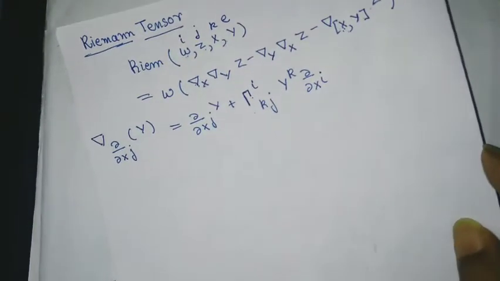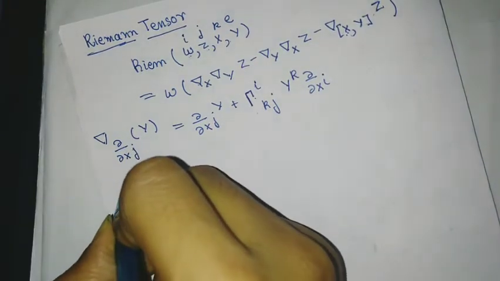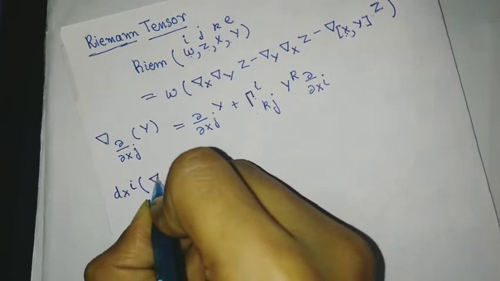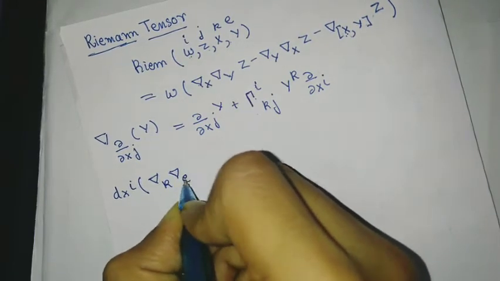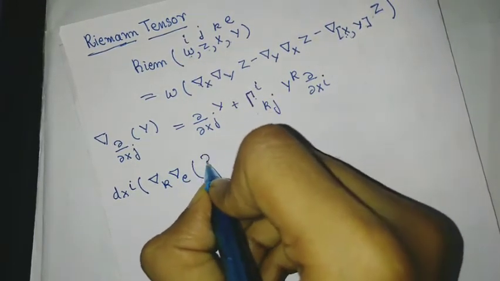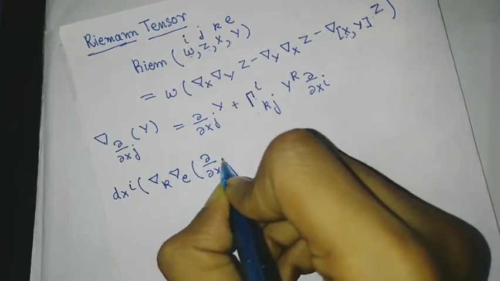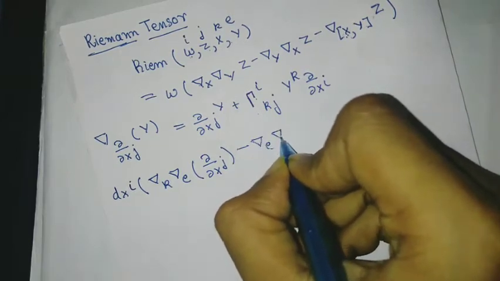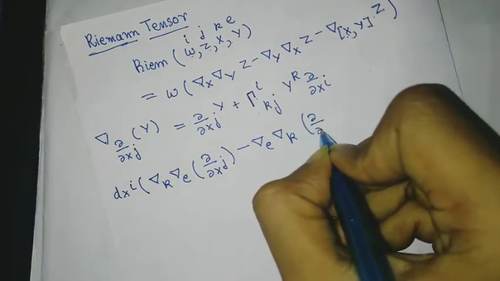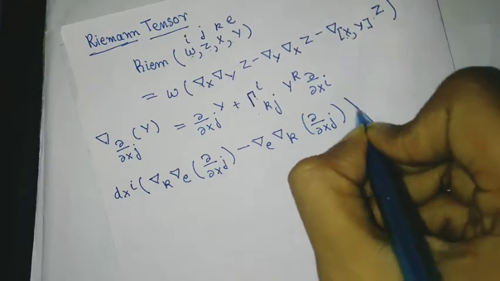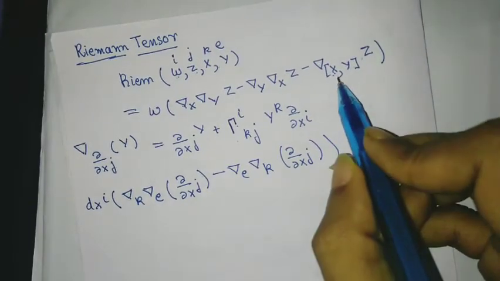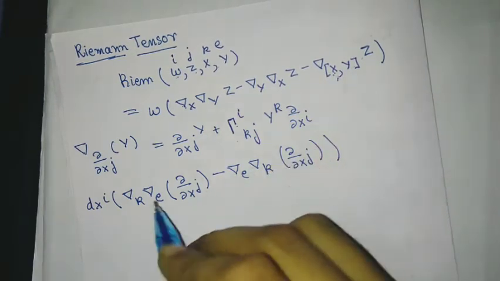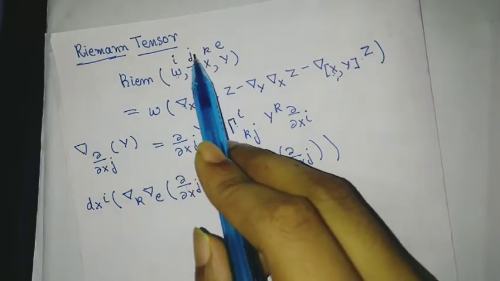So what we get is dx^i, and this bracket goes off because we are finding the components.